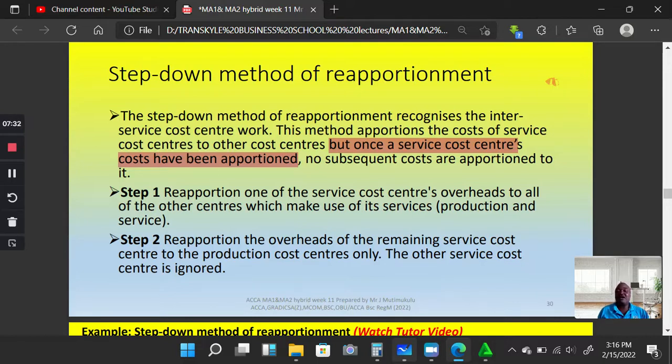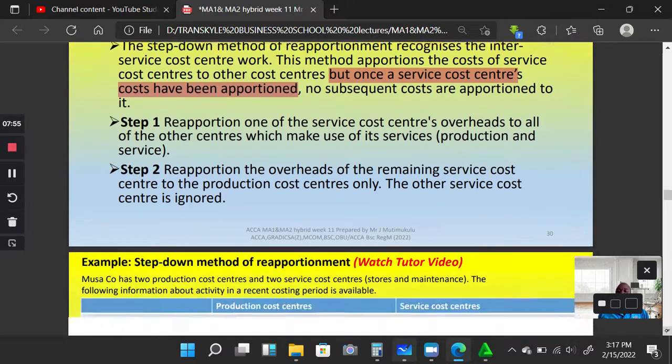So this is how the economists or management accountants have managed to deal with the issue. All right, it's actually a noble method, but this is the major rule you have to take into consideration. Always keep an eye over this rule.